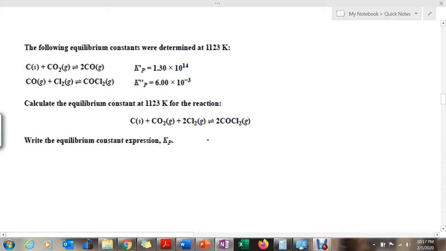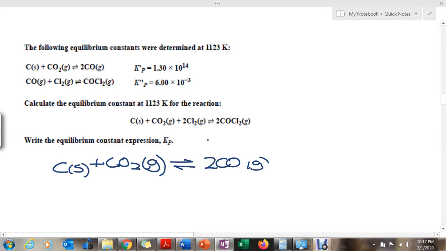If you keep C solid on the left and CO2 too, okay, now on the right side, watch what we're going to do here. This plus CO2 gas gives 2 CO gas.